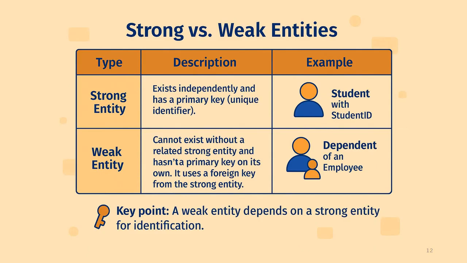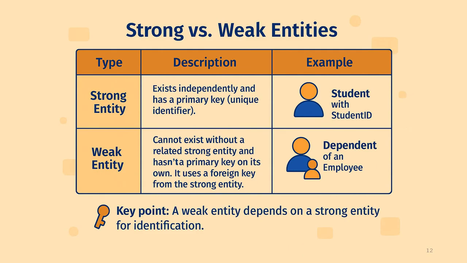And now let me present the difference between strong and weak entities. A strong entity exists on its own. For example, a student. This is a strong entity. A weak entity depends on another strong entity.